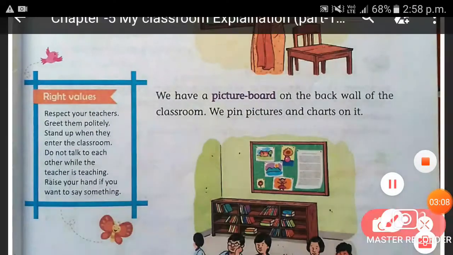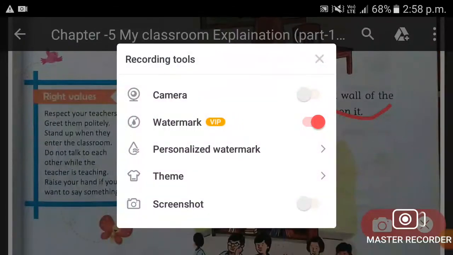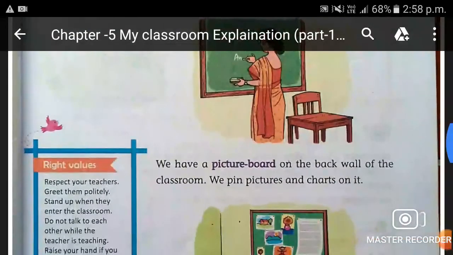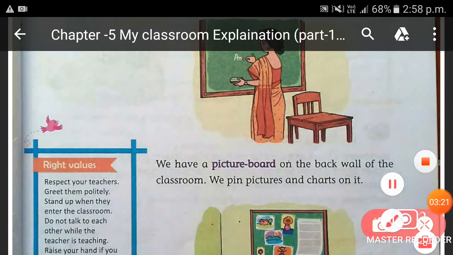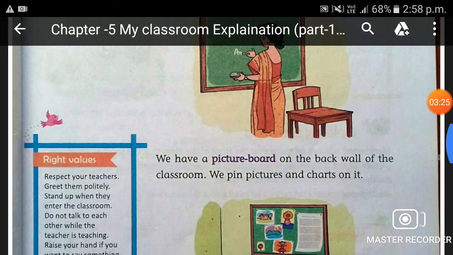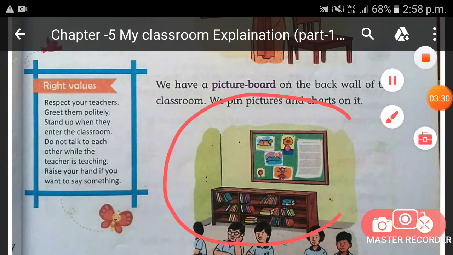Okay students, and what is a picture board, students? So picture board is a board on the back wall of the classroom. Teachers pin the informative pictures and the charts on it. Okay, look at your book, students.